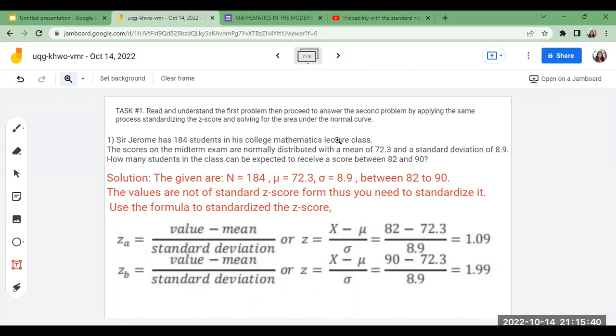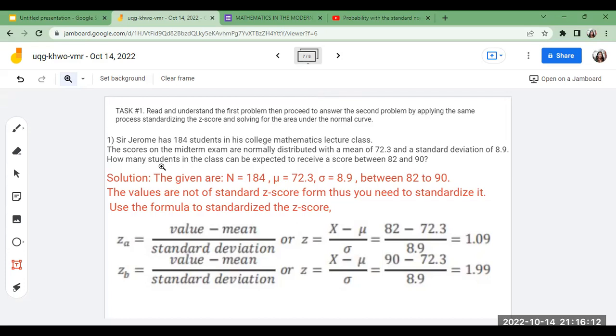So this example, we will now use the standardized form using the formula z is equal to the normal value minus the mean divided by the standard deviation.